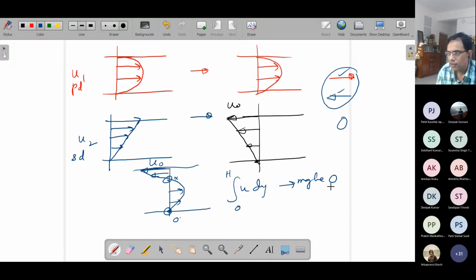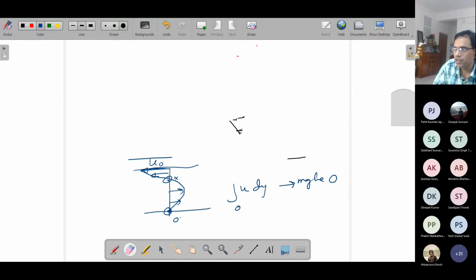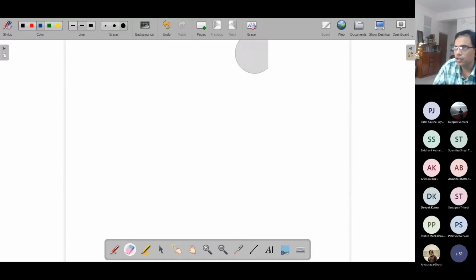That is, the combined effort is not able to drive any net flow. So many such situations may be possible, but extremely trivial to work out because of this linear superposition, the linearity of the governing differential equation.